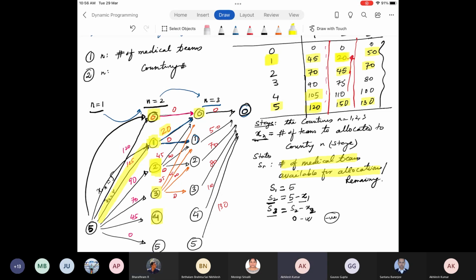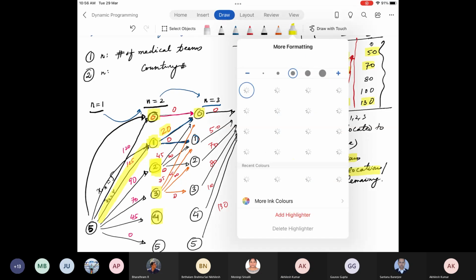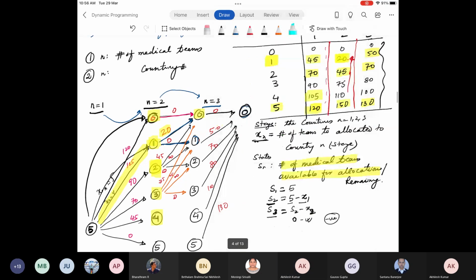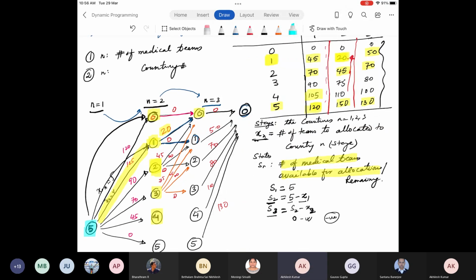Okay, let me just quickly tell you what we have done here so that we can write the recursive relation. The number you are seeing here is what is at your hand. That is the number of medical teams which you have in hand and can allocate to country 1. You do not care about countries 2 and 3 so far. All you know is that I have 5 teams. I can allocate 0 teams, 1 team, 2 teams, 3 teams, 4 teams, or 5 teams.